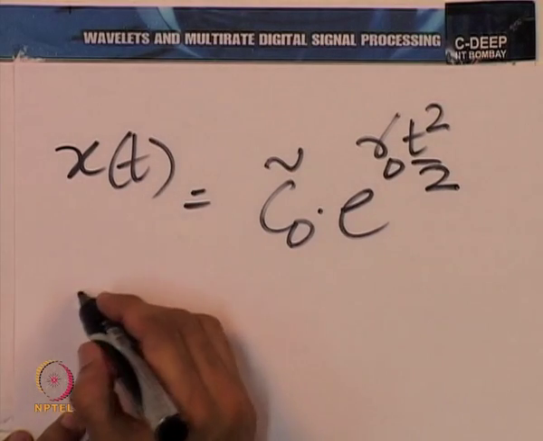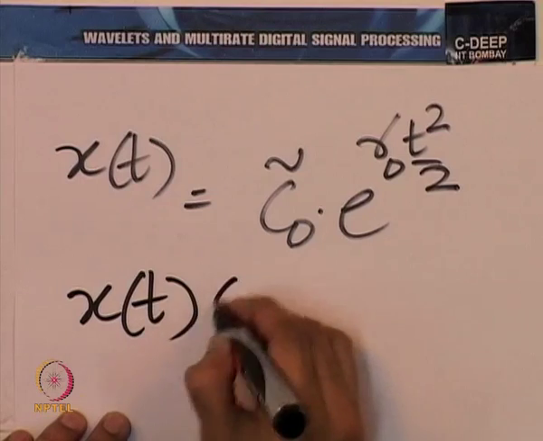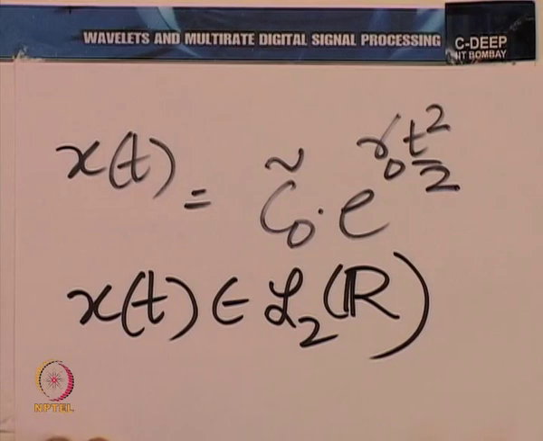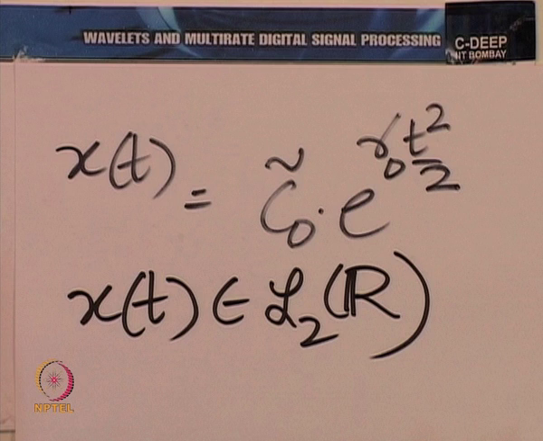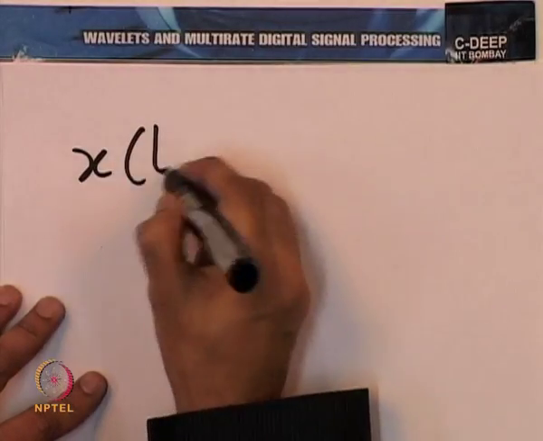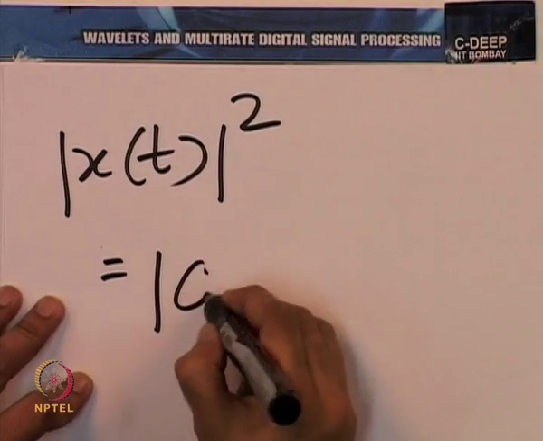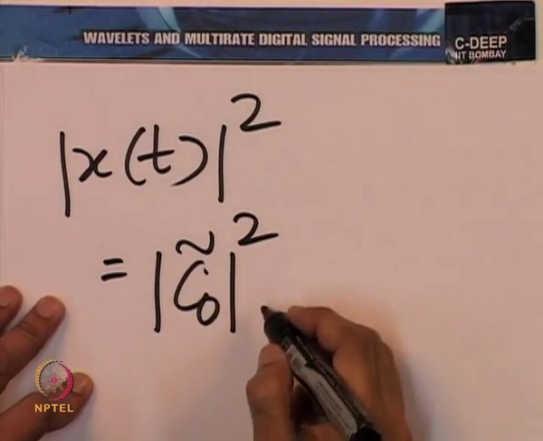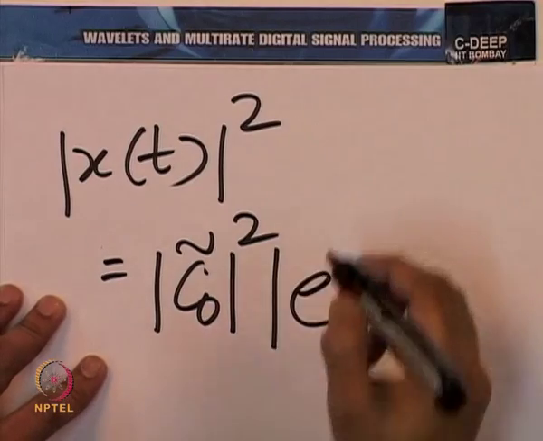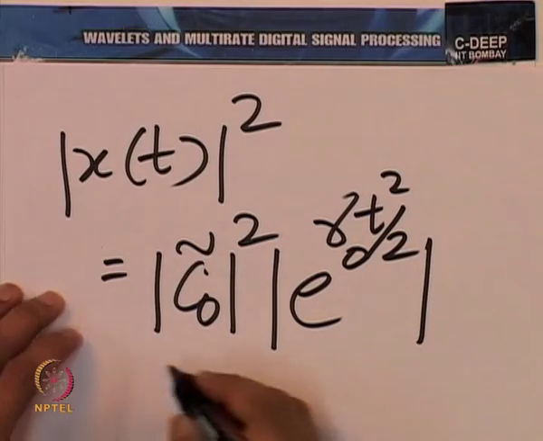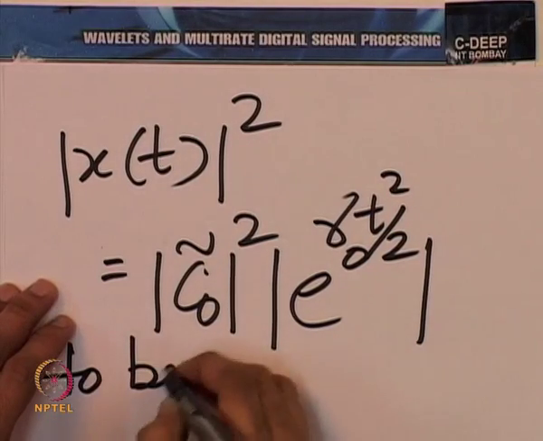Now, you want x(t) to belong to L 2 R, and therefore, you want mod x(t) squared, which is essentially mod C 0 tilde squared times mod e raised to the power gamma 0 t squared by 2, to be integrable.